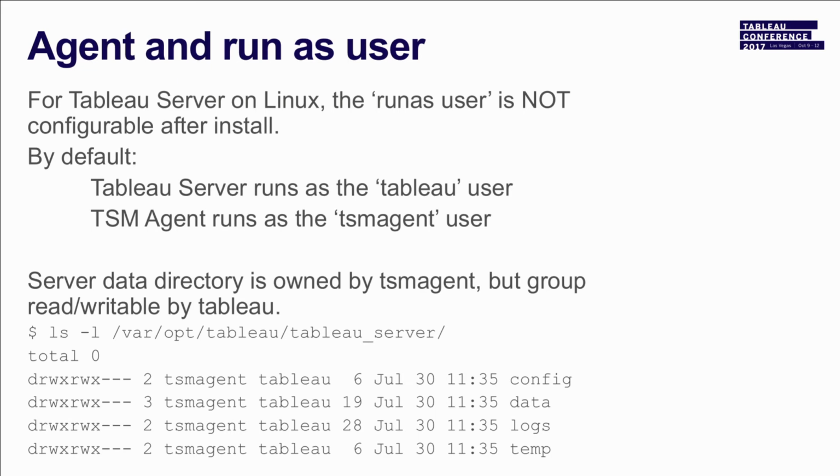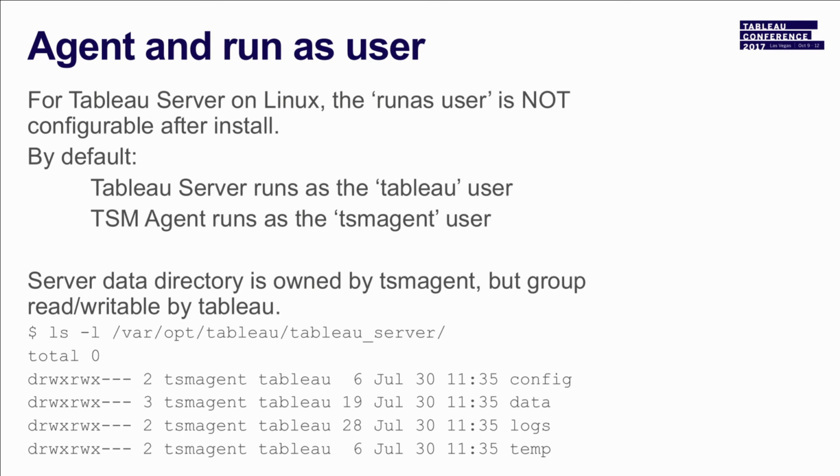and the agent process is going to run as the TSM agent user. And this has some consequences for groups and permissions and file ownership. So if you look at the server data directory, the server data directory is var op tableau tableau server. And if you're coming from Windows, you may see this and just think C:\program data tableau tableau server.